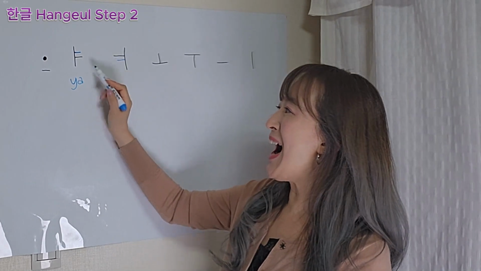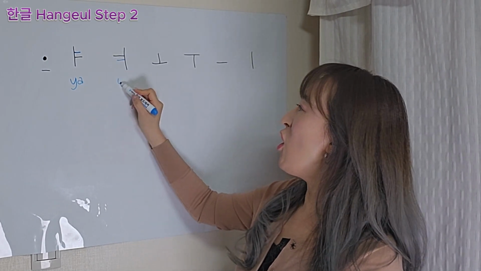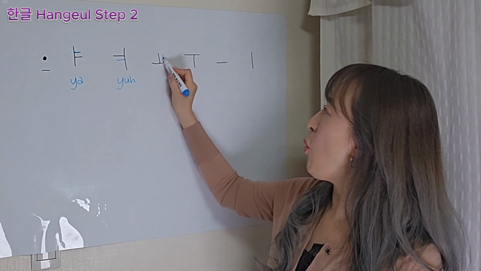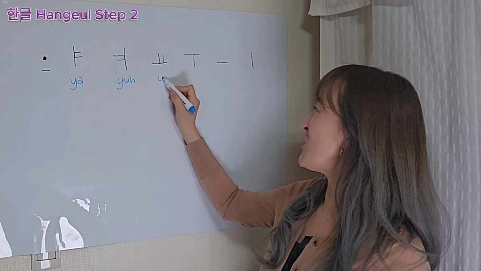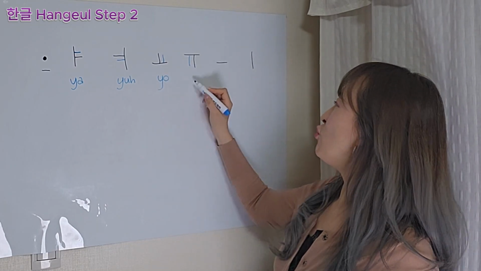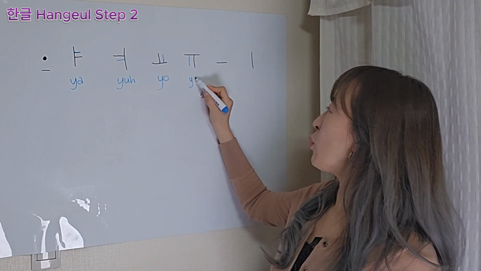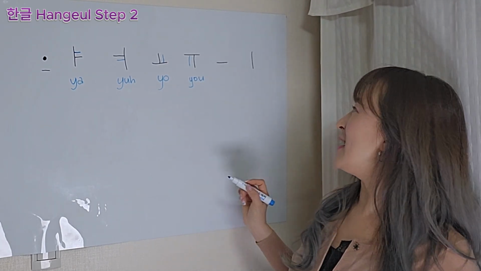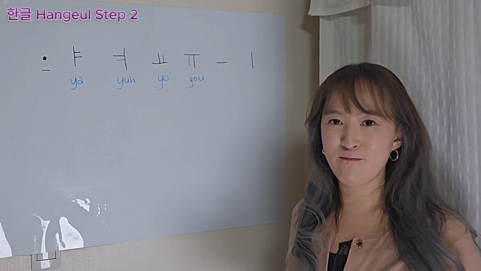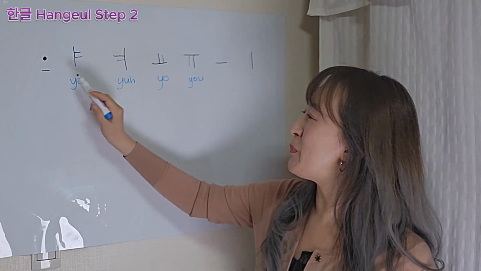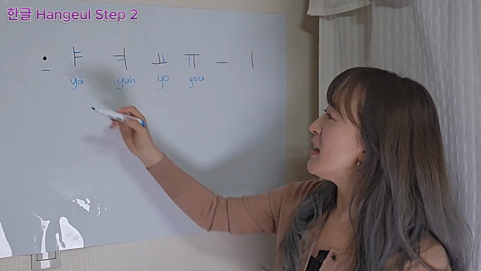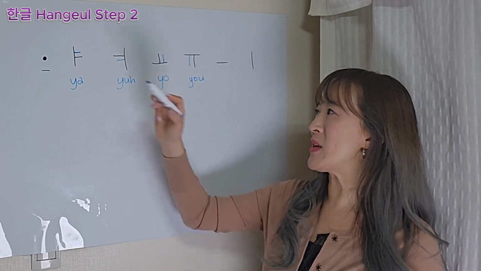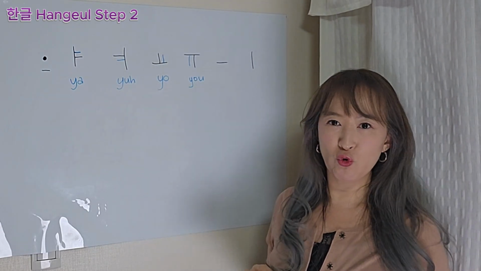So instead of ya, o, yo, you, and these two will just remain the same. So by putting the double lines, it's basically like you're putting Y in the beginning of all the sounds. So ya, yo, yo, you.